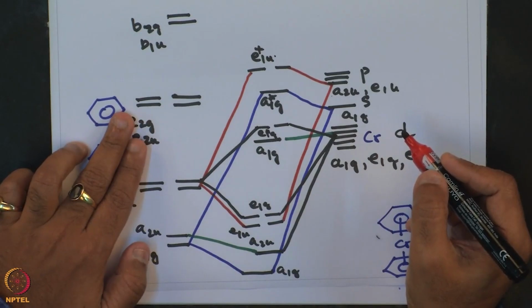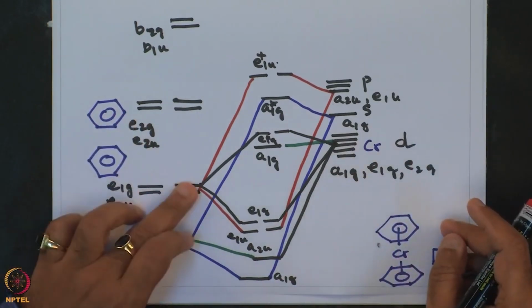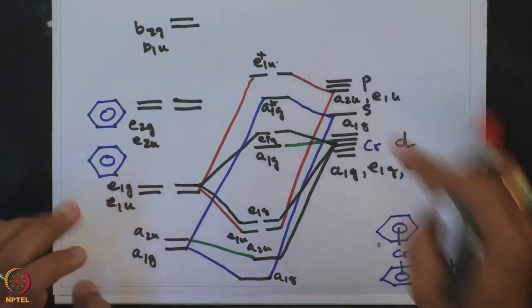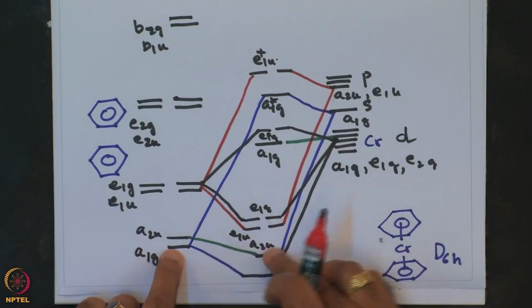E1u. So this is now fully engaged, one with this, one with this, this one is also engaged, one is non-bonding.